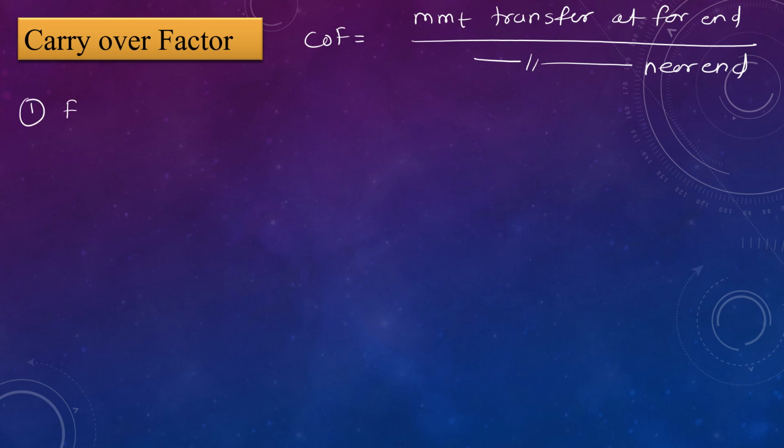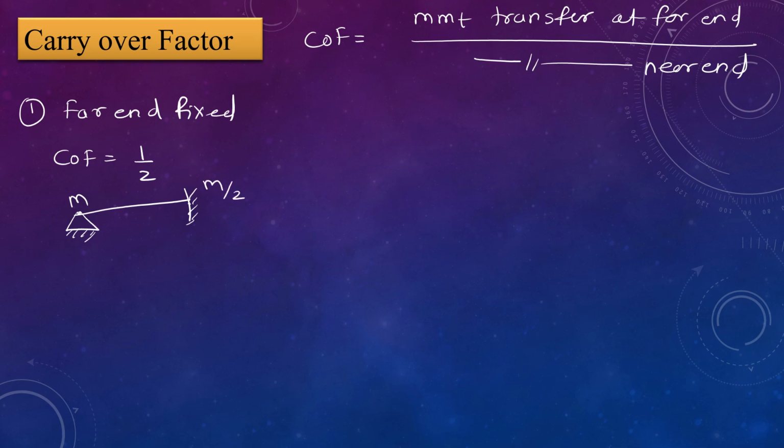First condition, if the far end is fixed, then the moment transferred at the far end is half. For example, if this is a beam and the moment acting here is M, then the moment transferred to this end is M by 2. This is how the carryover factor works.